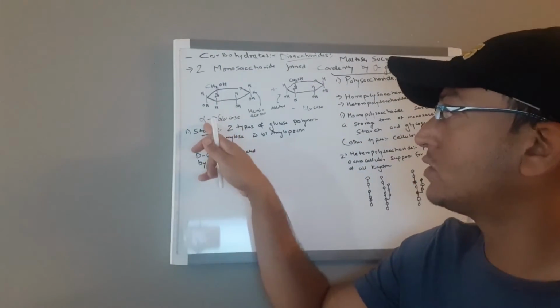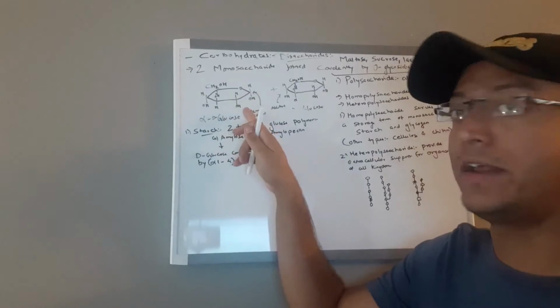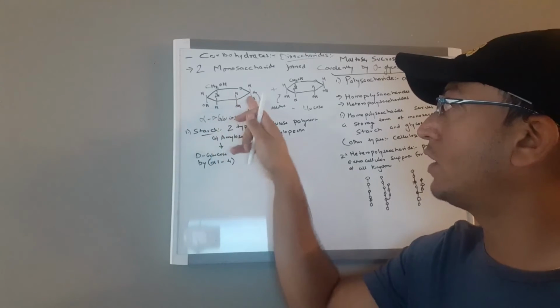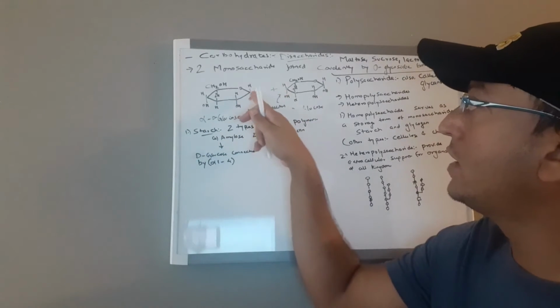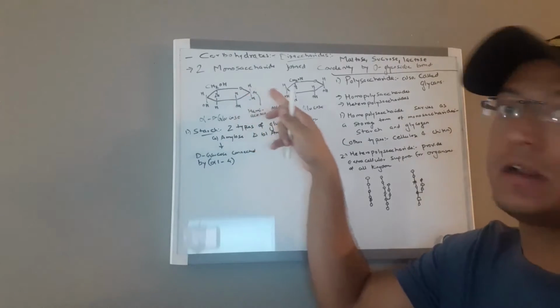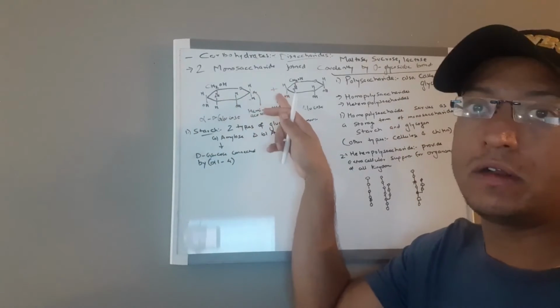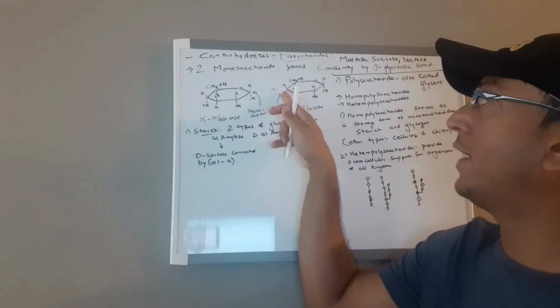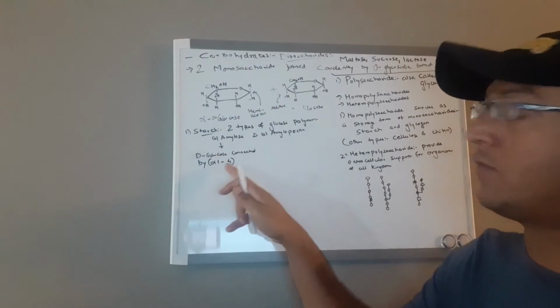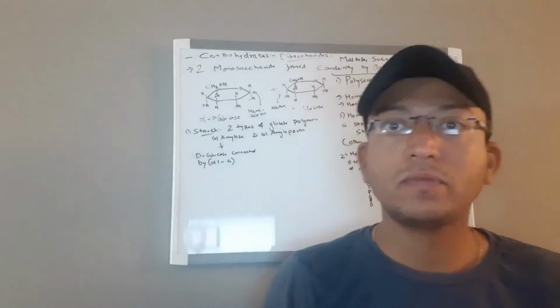So this is the alpha first glucose, and this is the number 1 carbon atom here, and here is the number 4 carbon atom. That's why it's alpha 1 to 4, right?